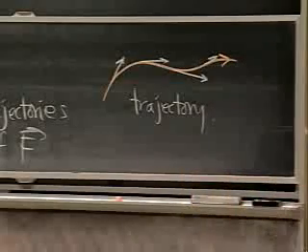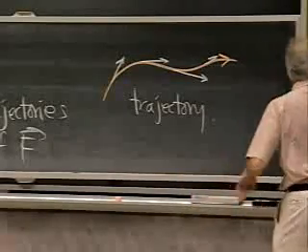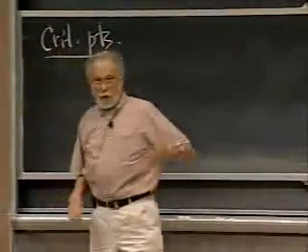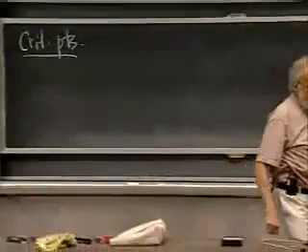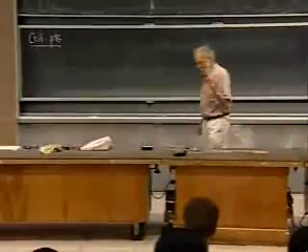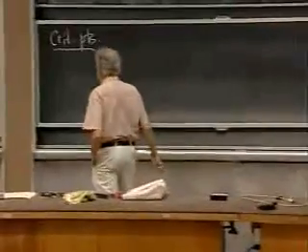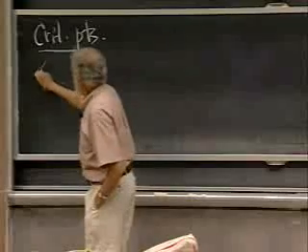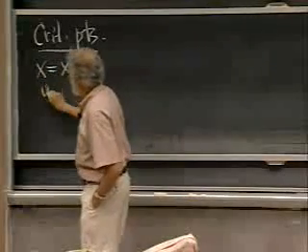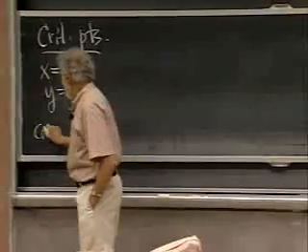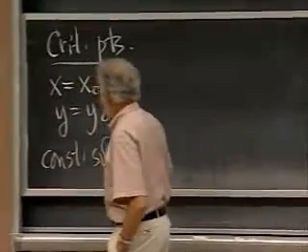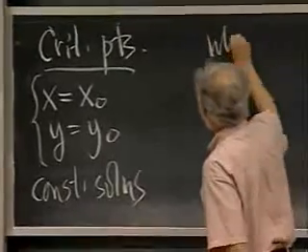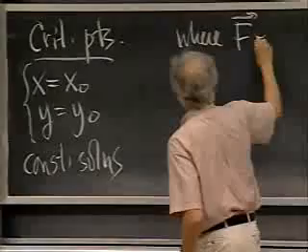The only other thing that I should mention are the critical points. If you've worked the problems for this week, the first couple of problems, you've already seen the significance of the critical points. From Monday's lecture, you know, from the point of view of solutions, they are constant solutions. From the point of view of the field, they are where the field is zero.